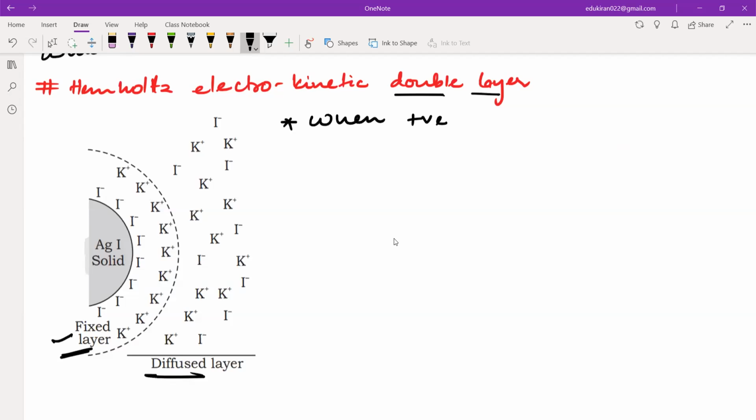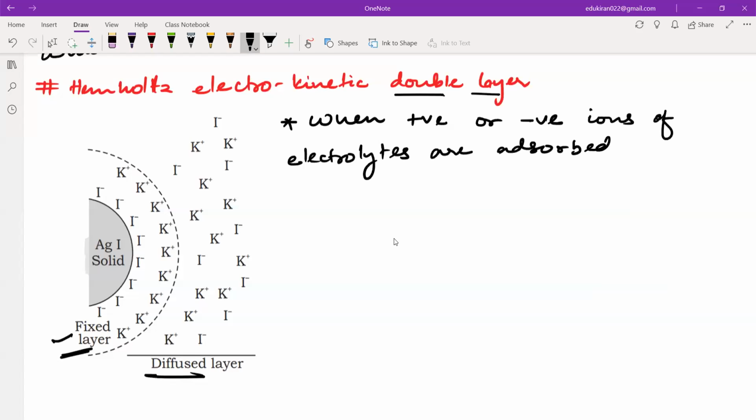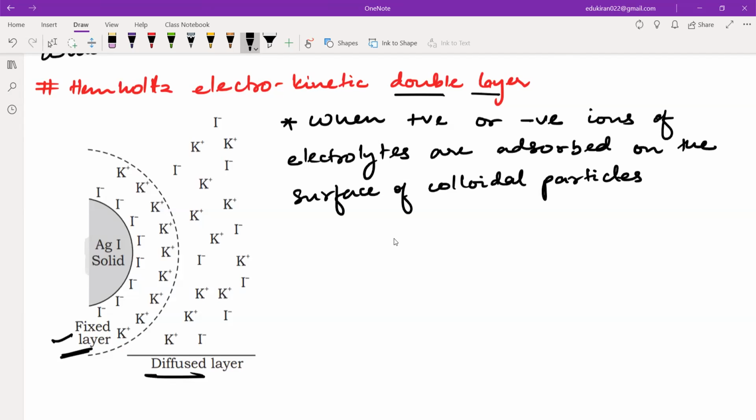When positive or negative ions of electrolytes are adsorbed on the surface of colloidal particles, what happens then?